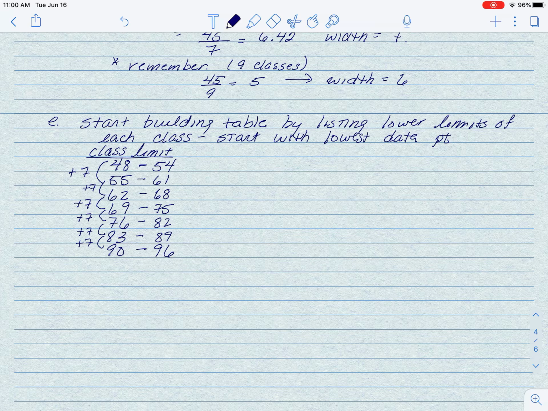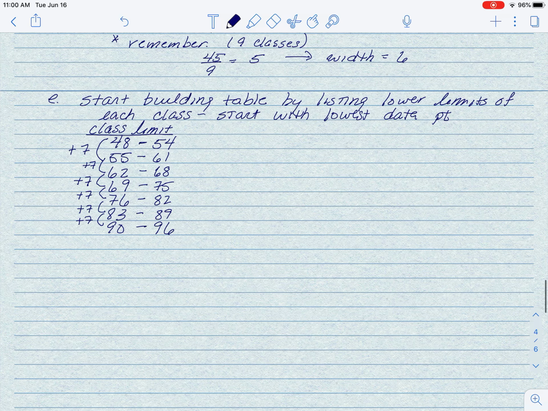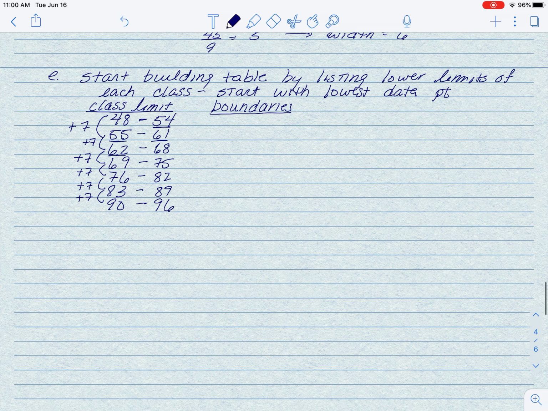Okay. Now the next thing we want to find are class boundaries. What the boundaries do is they see that there's a gap from 54 to 55, 61 to 62. There's this gap in data, and we want to fill in that gap, but we want to do it evenly.